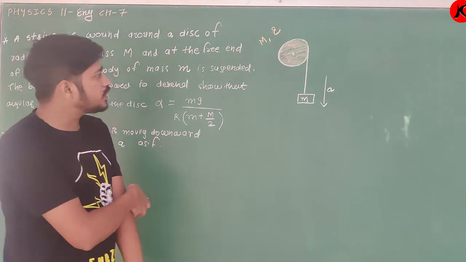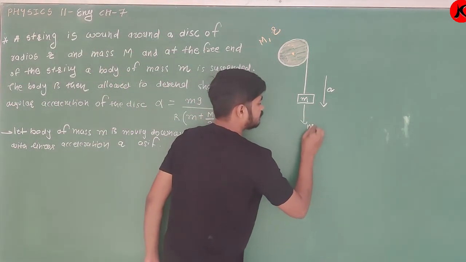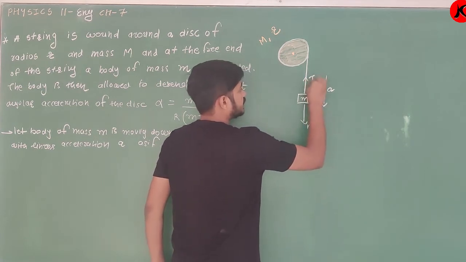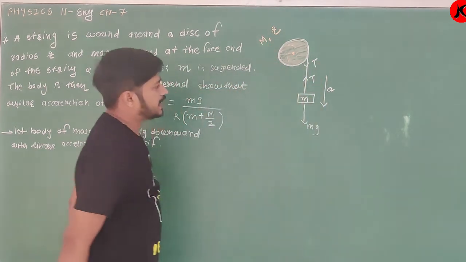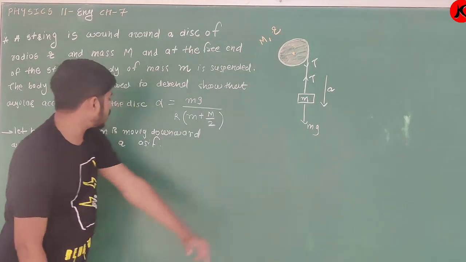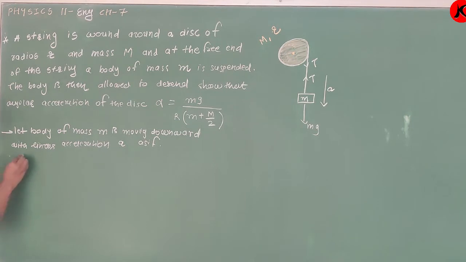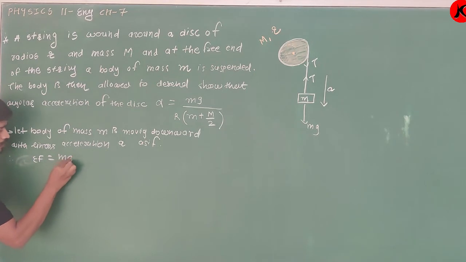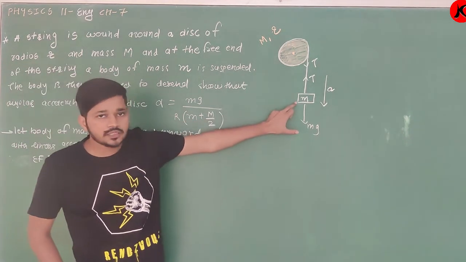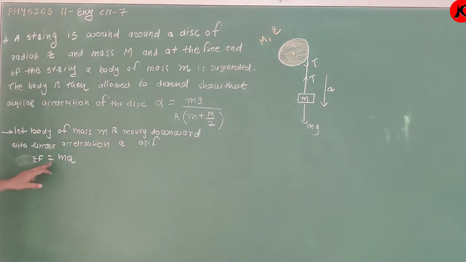Now first of all we have to identify the number of forces acting on the system. Yes, we know that mg in downward direction and tension in the string. This body of mass m is moving downward with linear acceleration a, so I can write sigma F is equal to ma.